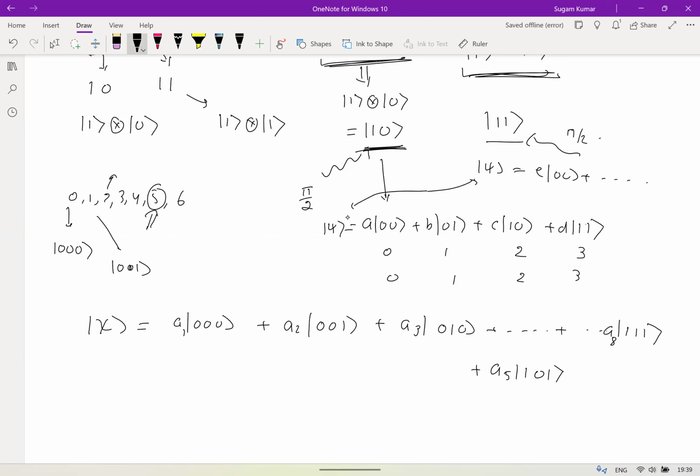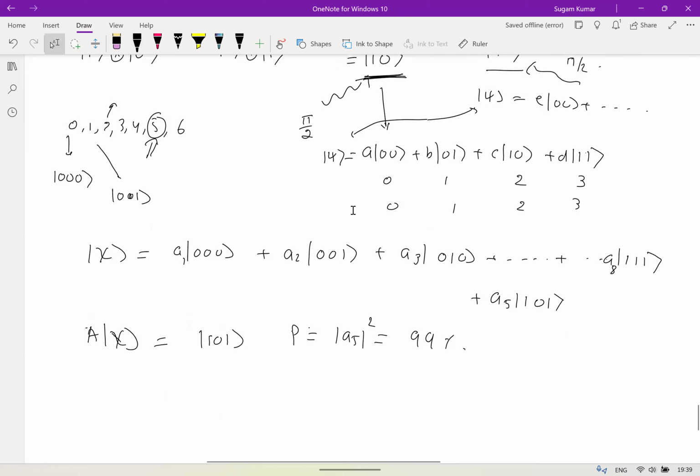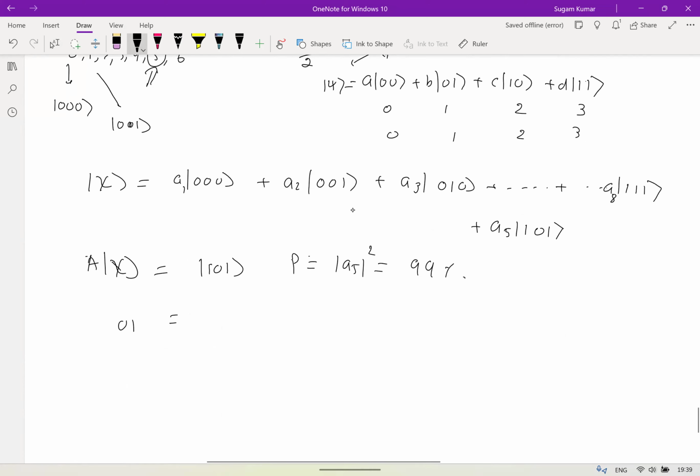So you will see that when you're going to do the measurement, when you're going to finally measure this state chi, then you will get 1,0,1 with the probability of A5 square, which is going to be maximum, maybe 99%. There's a probability that you will also get maybe 0,0,0 also. But in this case, the probability will be A1 square, maybe 0.001%.